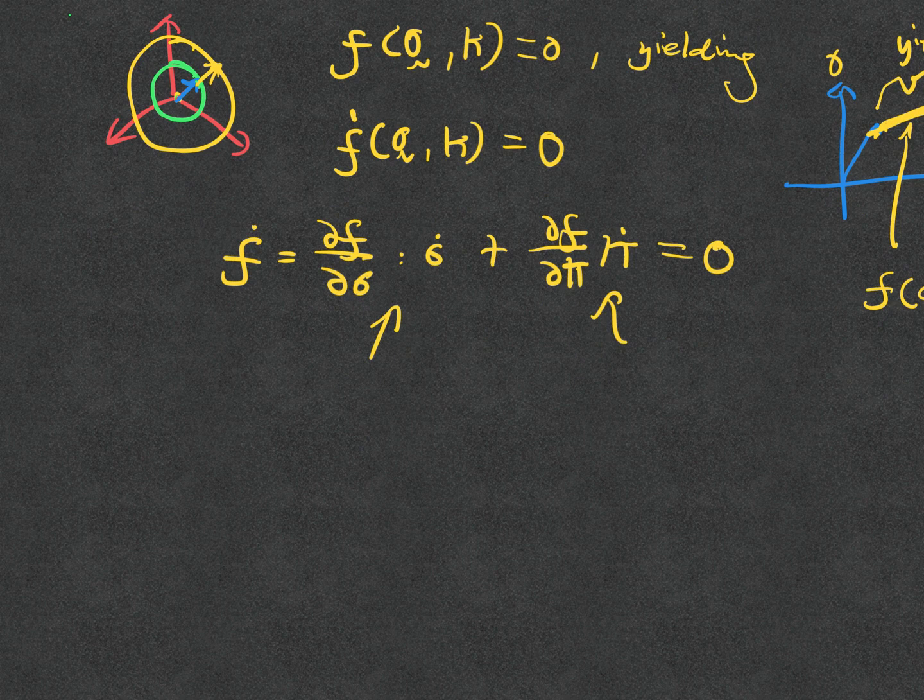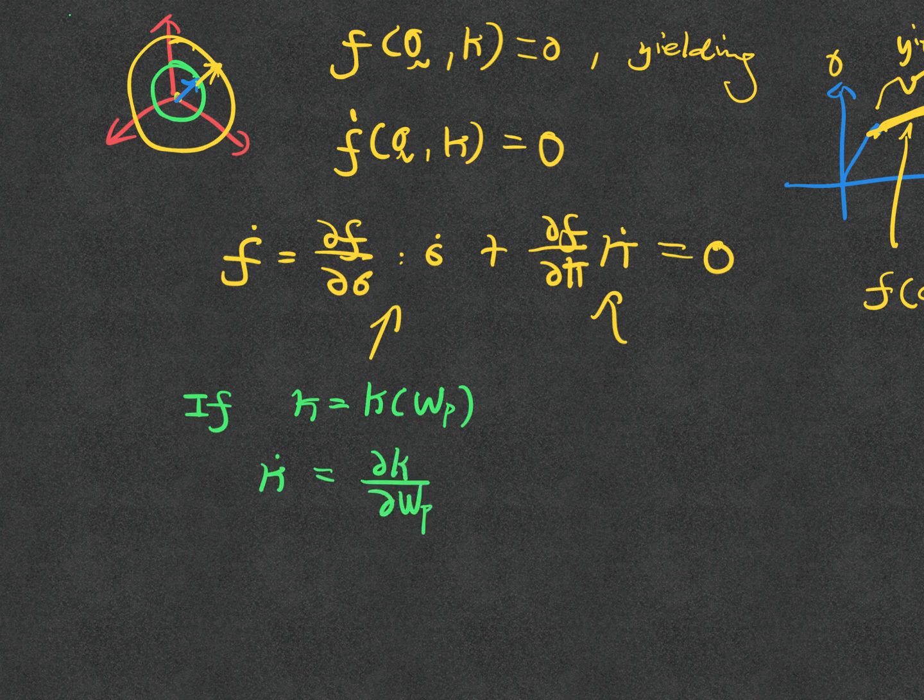Okay, then we need to consider two cases. Let's consider the first case. If we have work hardening, then kappa is a function of the plastic work. So kappa dot equals the partial derivative of kappa with respect to the plastic work times the change of the plastic work.